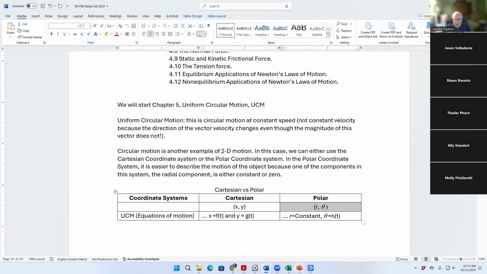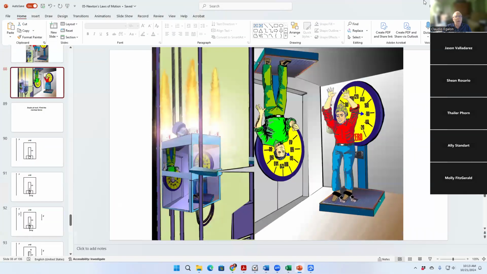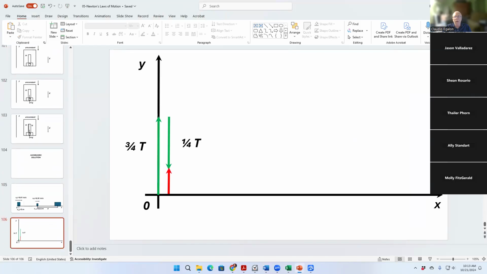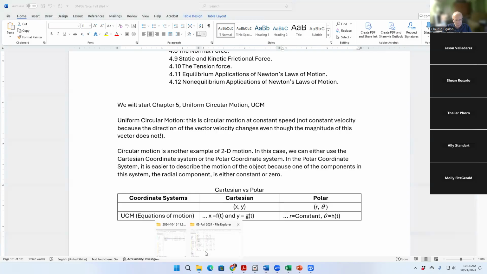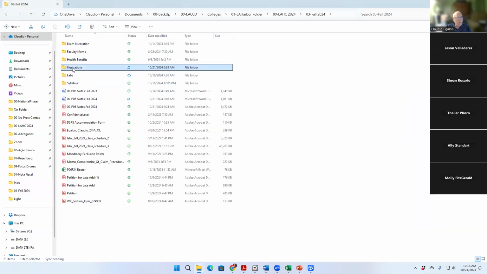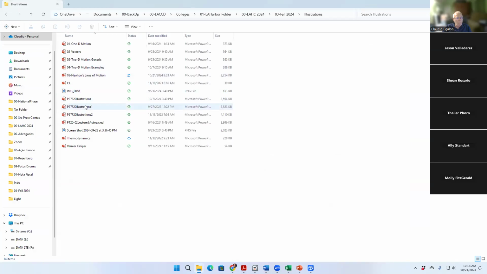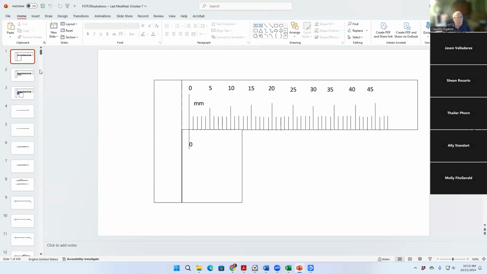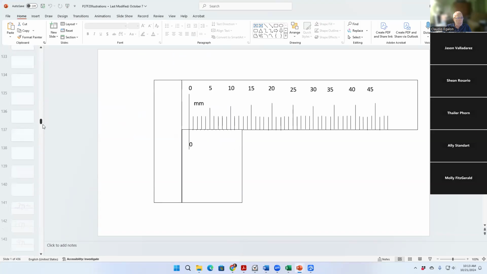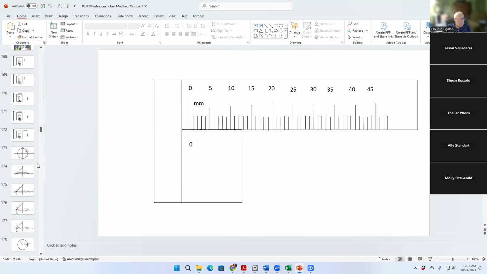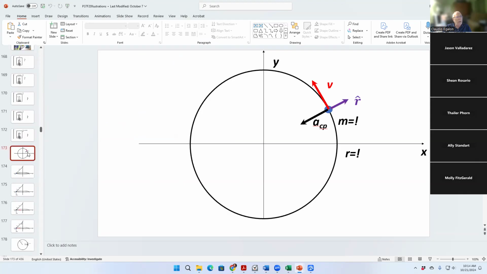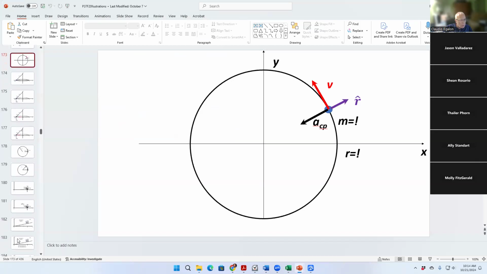I want to illustrate this coordinate system, and we have to get another illustration here. Okay, so I'm going to transfer those things elsewhere.